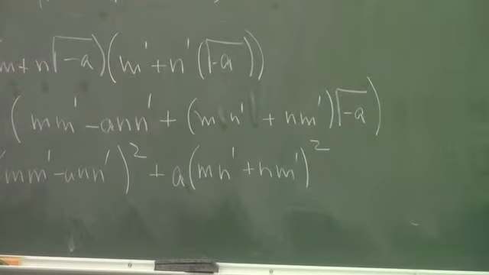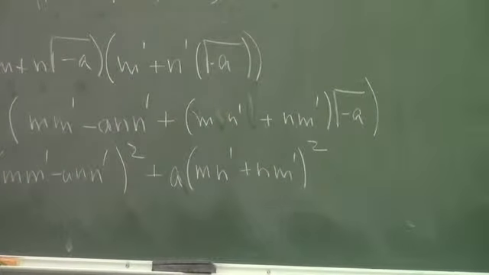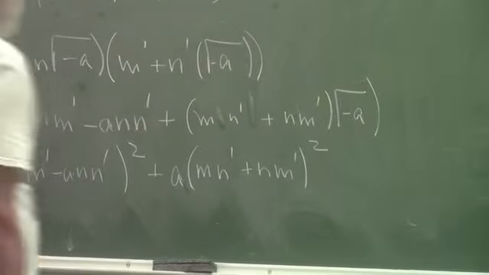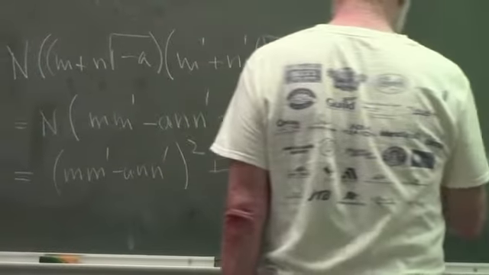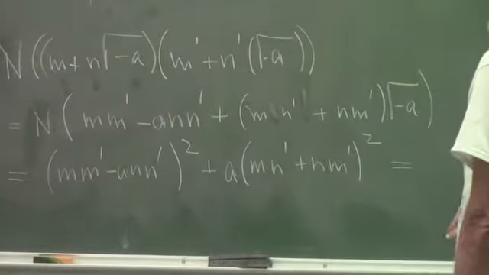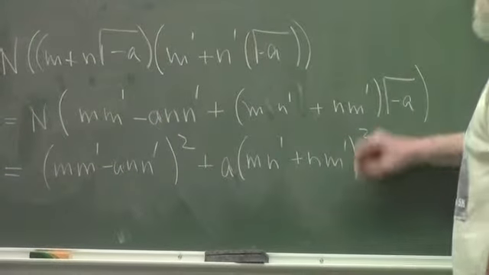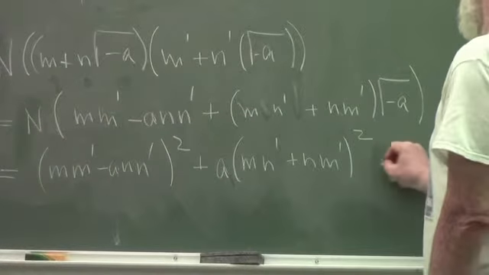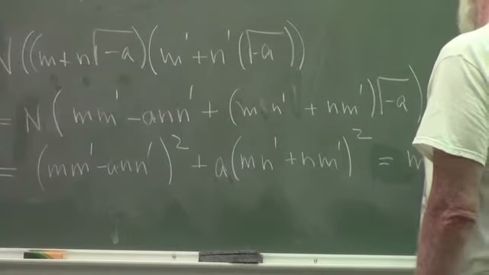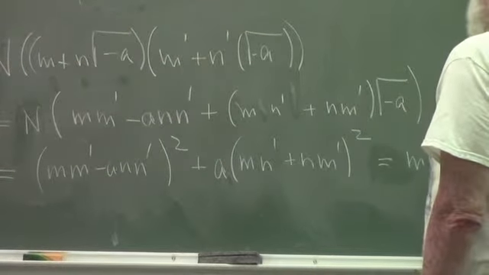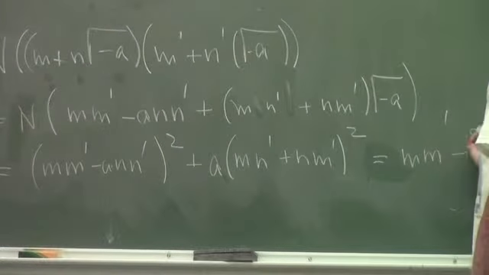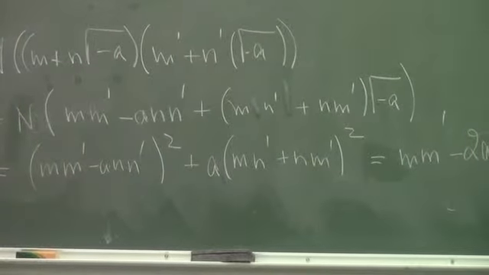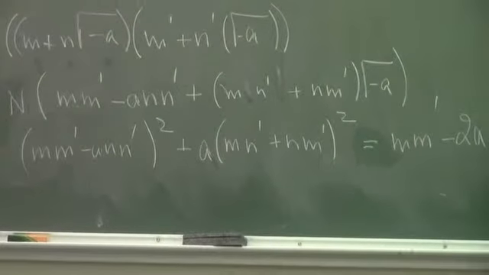I'm just following the formulas that I wrote down. Let's leave it like this, okay? Maybe we'll work it out a little bit: M squared M prime squared minus 2A M N M prime N prime.